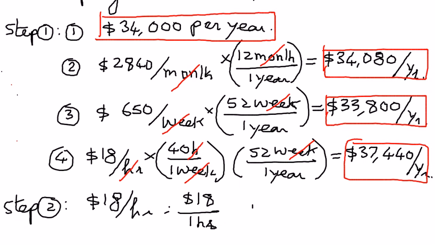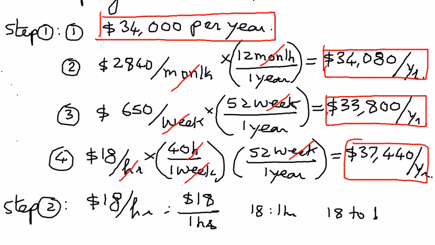We can also write this as $18 to 1 hour, separated by a colon that way, or we can also state it as 18 to 1, $18 for 1 hour. And all of these ways of representing these answers are exactly correct. But the main thing in this particular problem is, if we have a choice to make, we want to convert all of them into one unit, or one category.